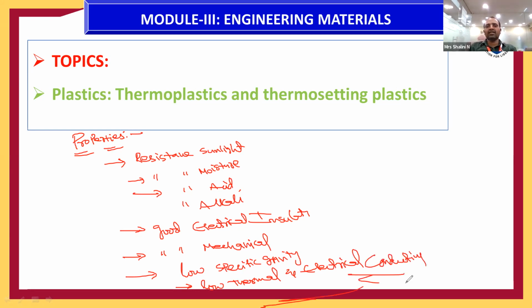So these are all the important properties of plastics: resistance to sunlight, moisture, acid, alkali, good electrical insulating property, good mechanical properties, low specific gravity, and low thermal and electrical conductivities.